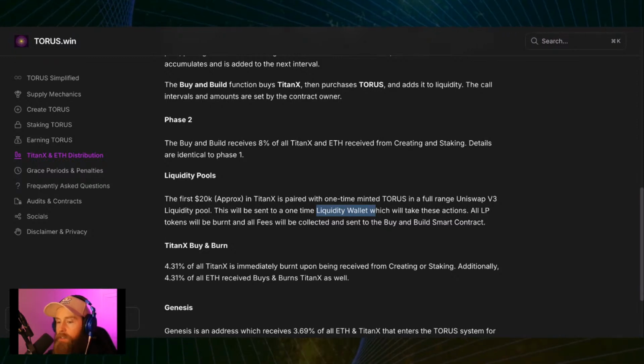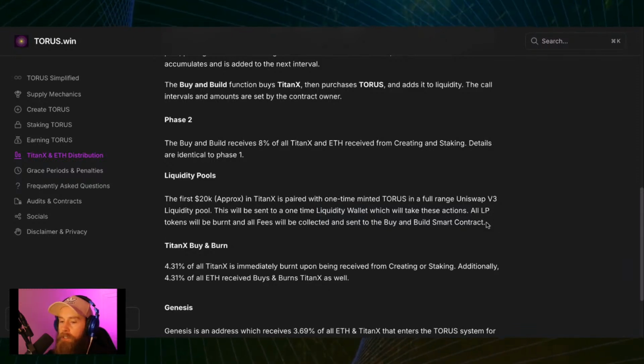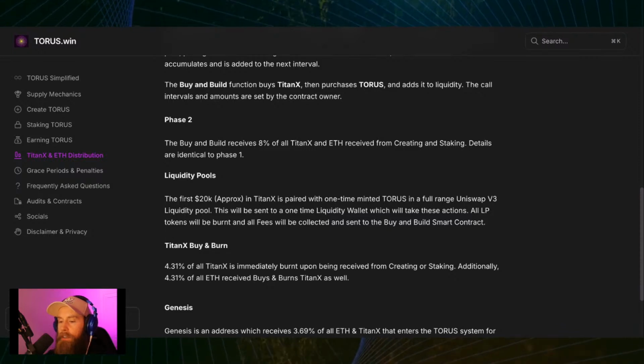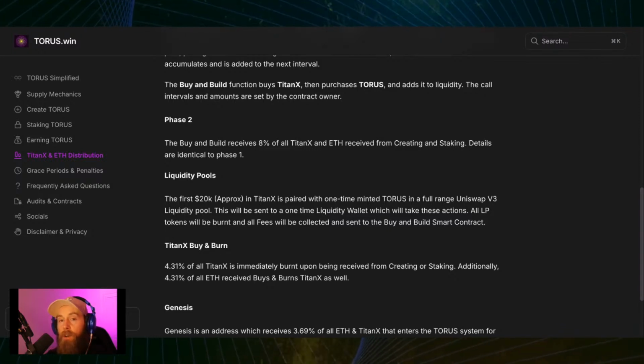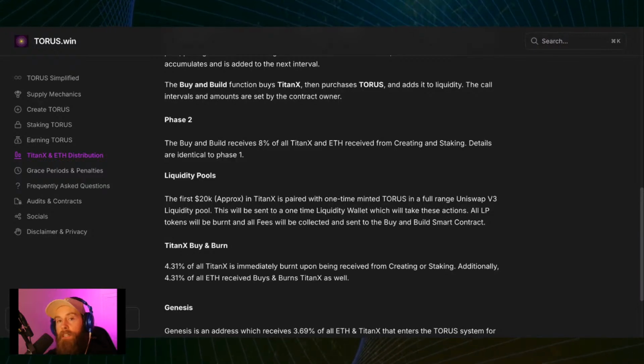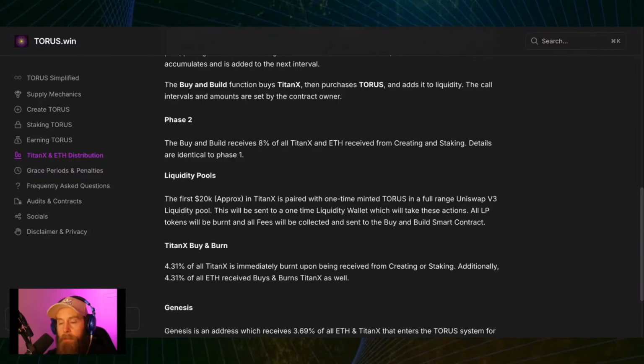But what you may have remembered is that there was a segment here talking about 20K in ETH being placed into a one-time liquidity wallet that was dedicated to go buy PLSX and create a TORUS PLSX pair over on Pulse Chain. That is no longer happening.